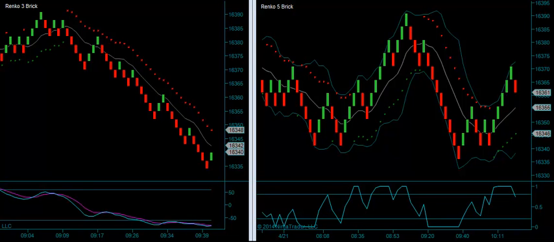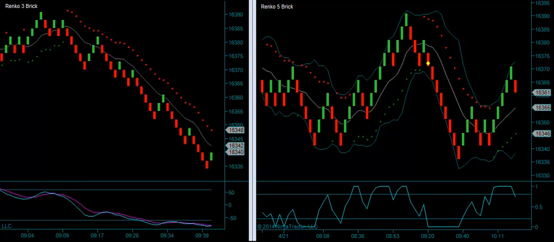In this case, at the yellow dot on the 5 brick chart, we get a trade setup that is called a midline reject setup, and since the system was long, this trade is actually a reverse into sell.